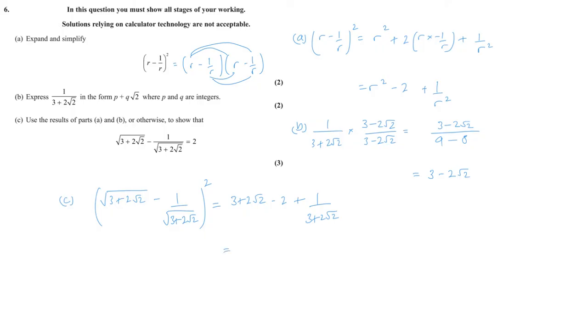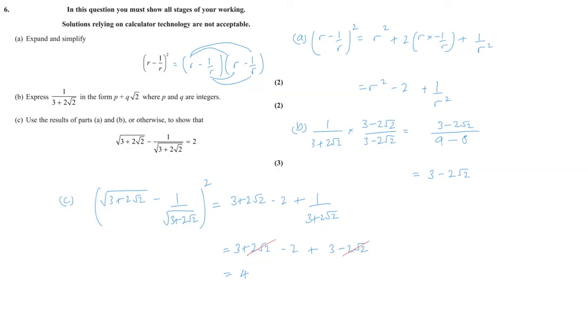Now 3 plus 2 root 2, I'll leave the minus 2 there, plus, and then from part B, this is this, isn't it? So that's 3 minus 2 root 2. So now I can see that the 2 root 2 and the minus 2 root 2 will cancel, leaving me with 3 plus 3 is 6, minus 2 is 4.